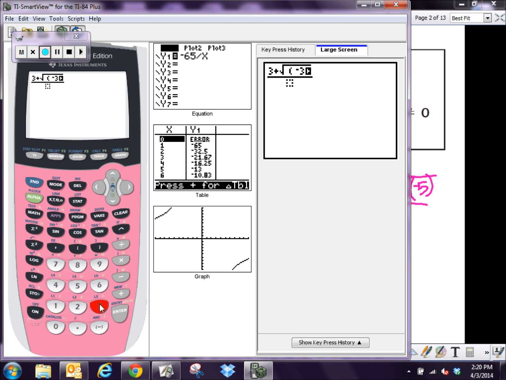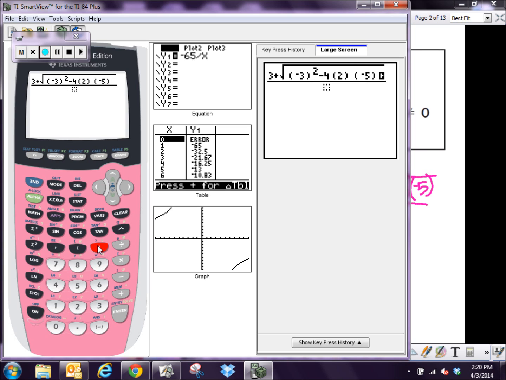So negative 3 squared goes in parentheses. Make sure you only come out of the exponent once with your right arrow, so you don't come out of the square root, because we still want to be underneath it. Minus 4 times 2 times negative 5.